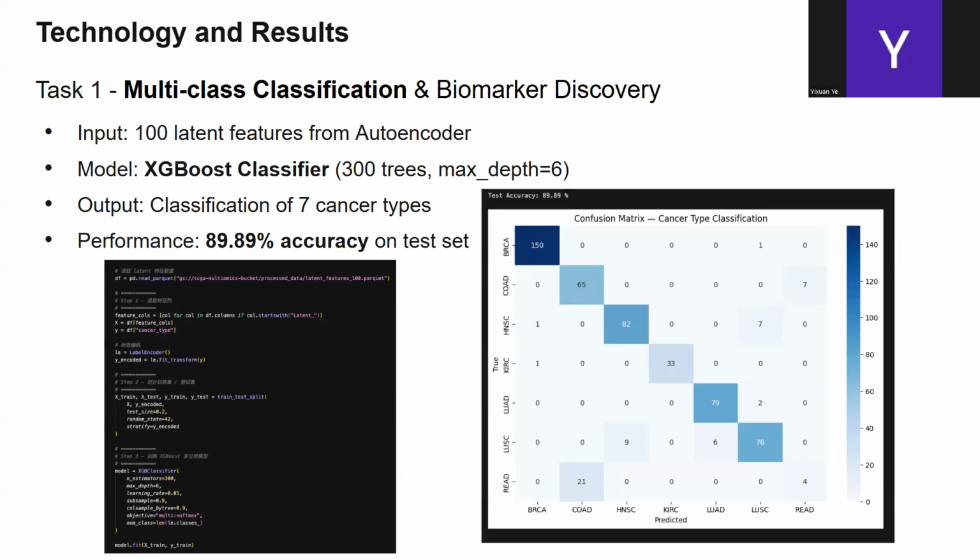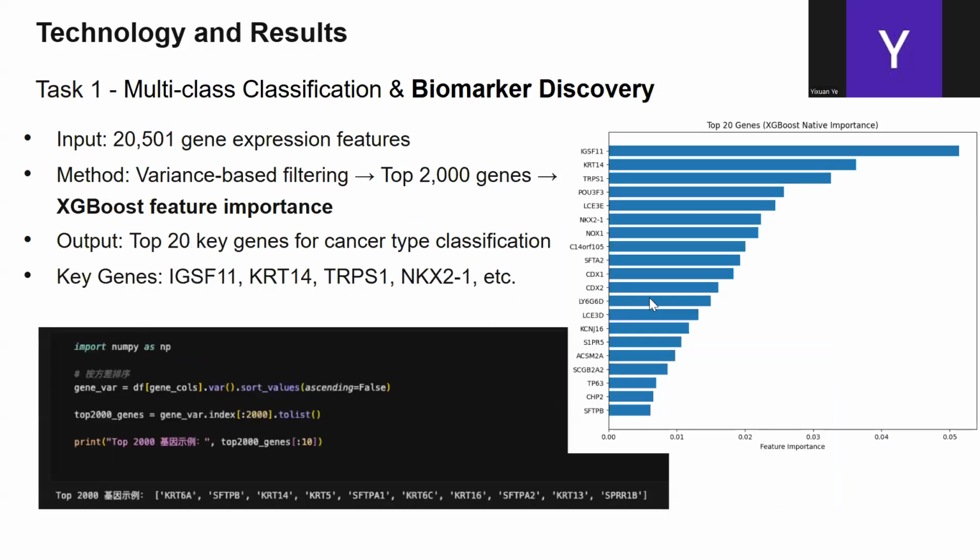Further, we identified the 20 top driving genes. By filtering the 2,000 most variable genes, we extracted feature importance scores to provide interpretable biomarkers for further validation.